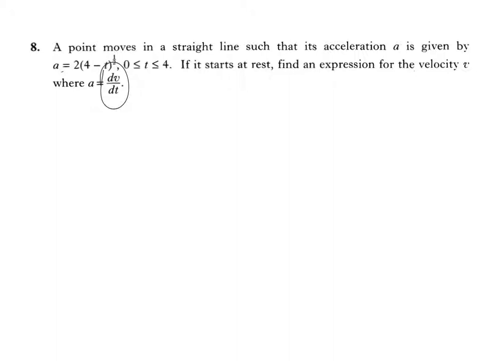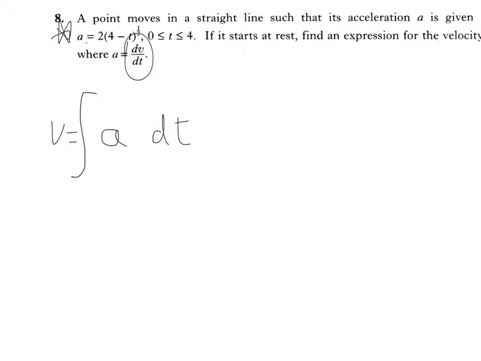So if I've been given the acceleration and I want to get back to the velocity, that means this is an integration question. So if I integrate the acceleration, that will give me the velocity. So that's what I'm looking for, so I'm going to go forward and do that.